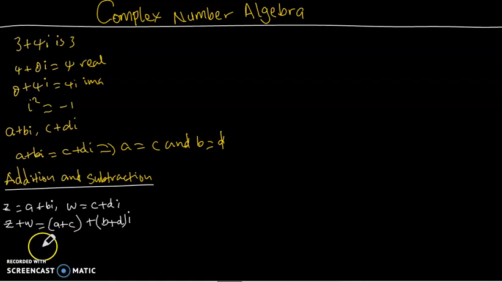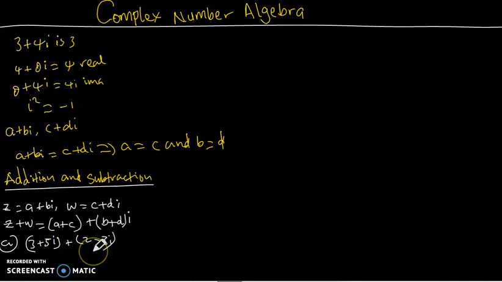Let's take the first example to be 3 plus 5i, and then you have plus 2 minus 3i. So we want to add these two numbers together, 3 plus 5i and then plus 2 minus 3i.